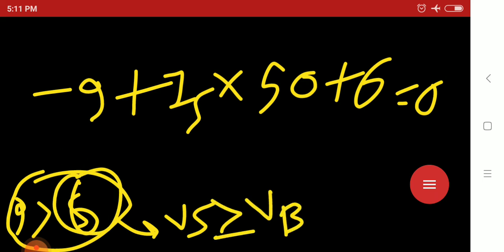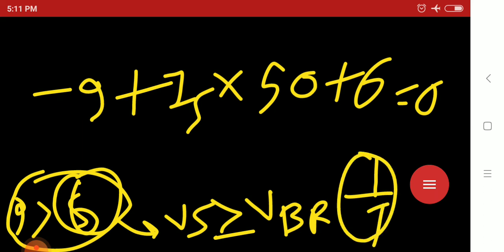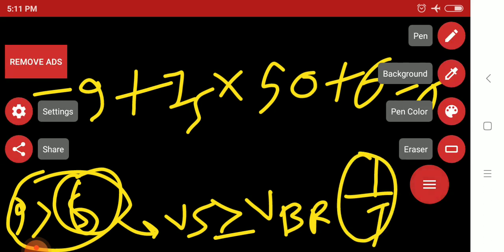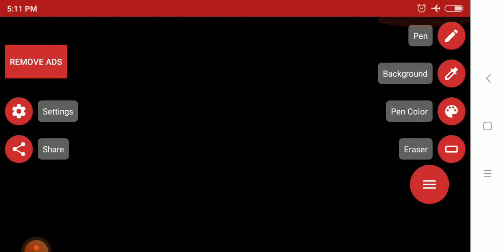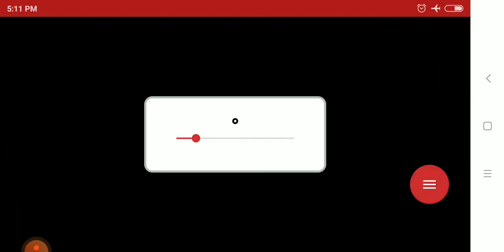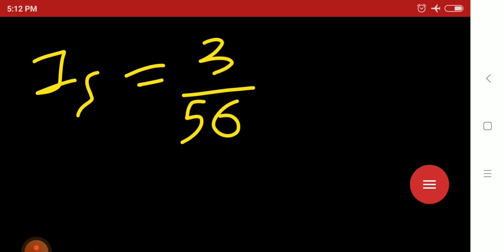That means the Zener diode will act as a 6 volt battery. So Is equals 3 by 50, that is 60 milliampere.